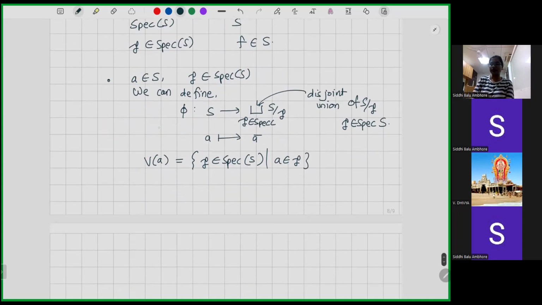From S we can go to this disjoint union of S mod P and see where A goes in S quotiented by those P, and the places where we get 0 are exactly the prime ideals which belong to my variety of that element A.